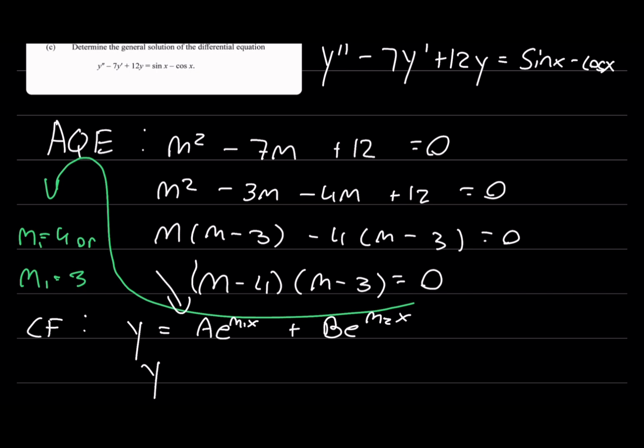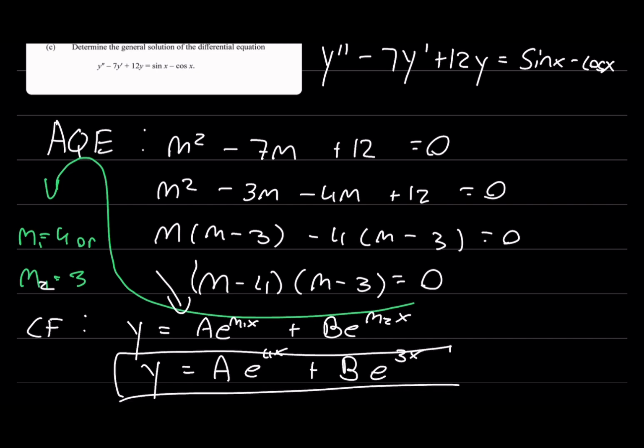So that means that y is equal to a times e to the 4x plus b times e to the 3x. And, well, that is our complementary function. So we're just going to save this for later.